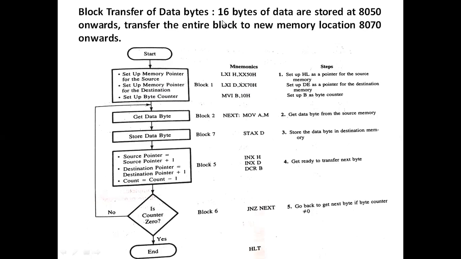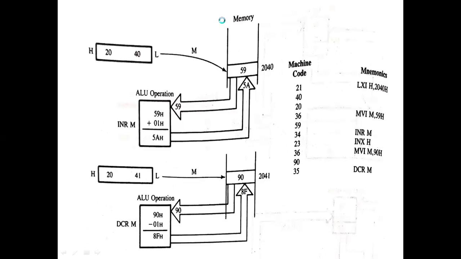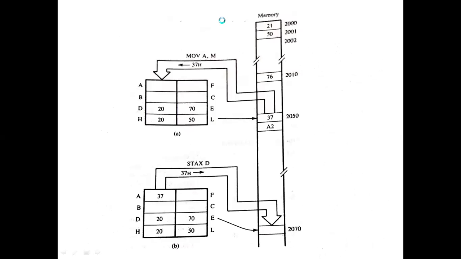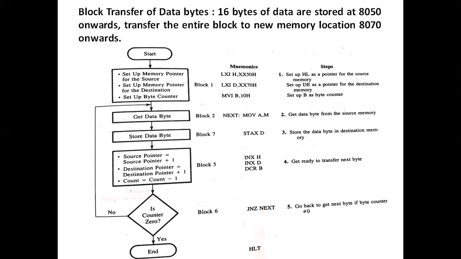Since there are 16 numbers which have to be transferred, we have to transfer 16 bytes. The 16 is a decimal number, so the hexadecimal representation of 16 decimal is 10. So we are using the B register for storing the count, working as a counter.